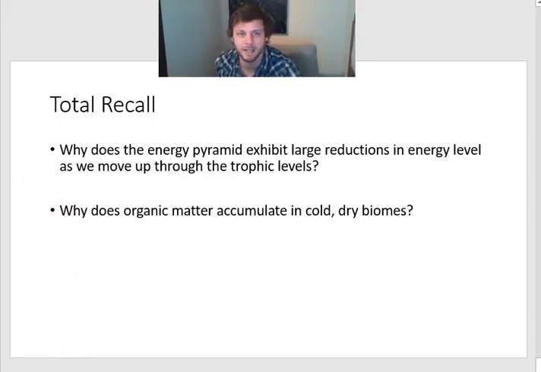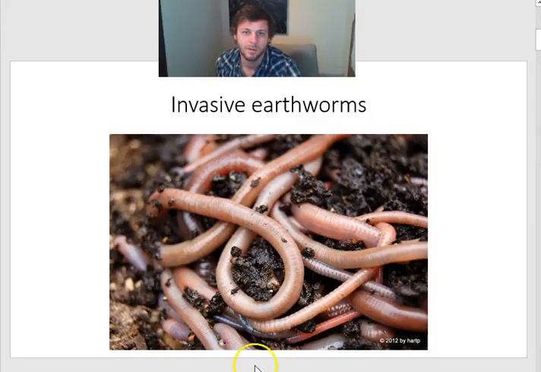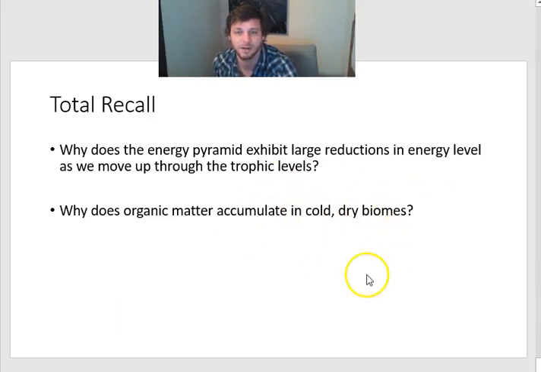So at the very beginning, we talked about this invasive earthworm and how they were eating all those leaves that are building up in cold, dry environments and doing well. So naturally, what is breaking stuff down in these cold, dry environments when you don't have those earthworms? In wet environments, what do you have that are breaking it down?